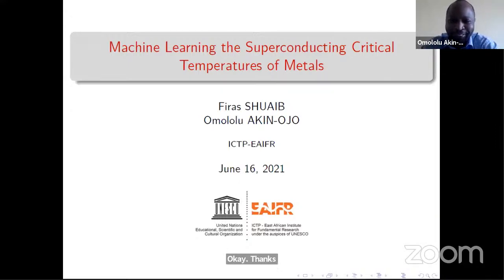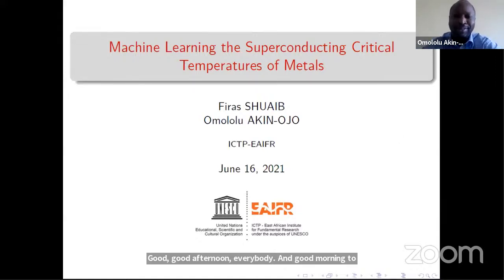Good afternoon, everybody, and good morning to many, and good evening to many. So I'll be talking to you today about our work on using machine learning to learn the superconducting critical temperatures of metals. So it's an application of machine learning to materials.